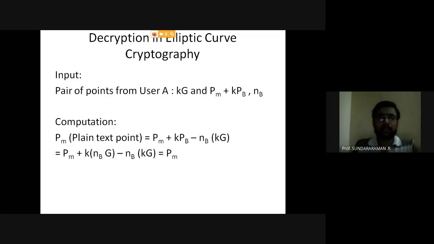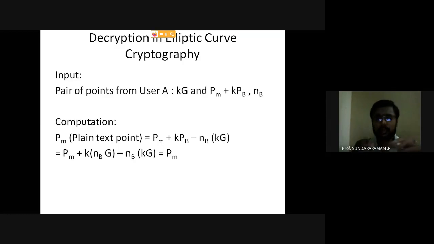Right, now look at the computation. User B is going to perform the decryption process, and he is going to retrieve the Pm from the inputs sent to me by user A. So Pm is equal to Pm plus k into Pb minus nB into kG.